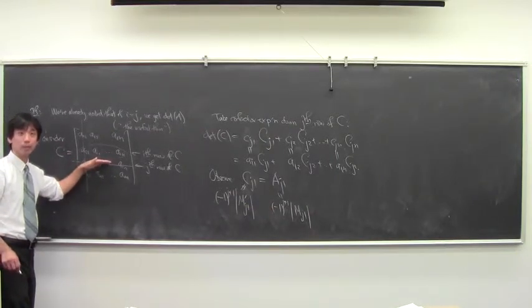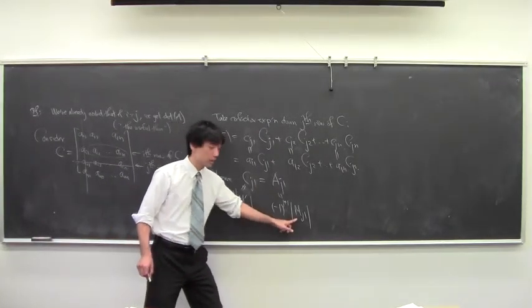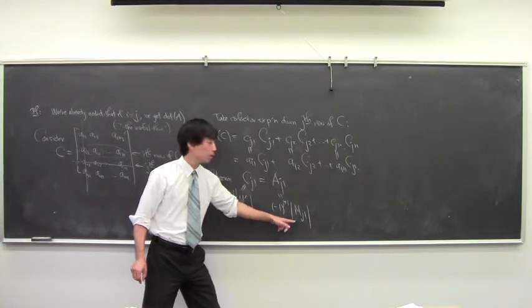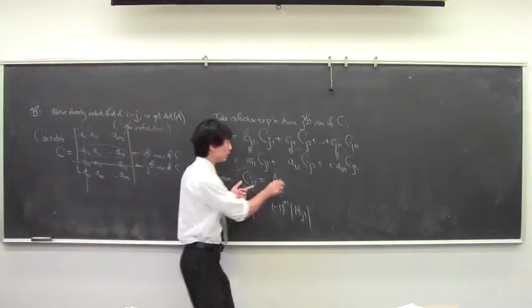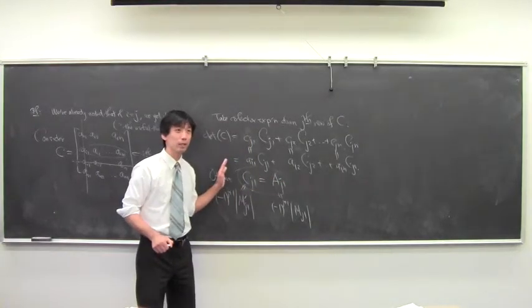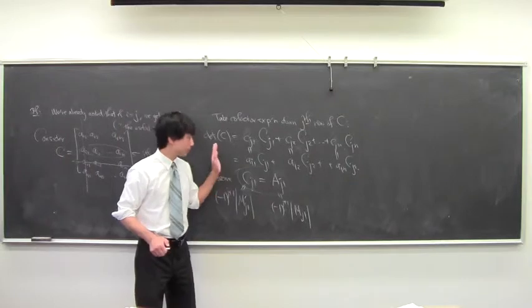So the determinant of C's minor matrix is the same as the determinant of A's minor matrix, and so these are equal. Is that clear? Anyone not get that? Okay, great.